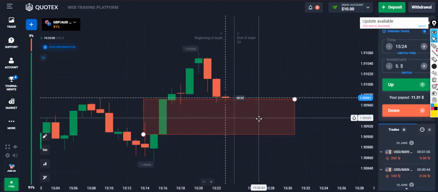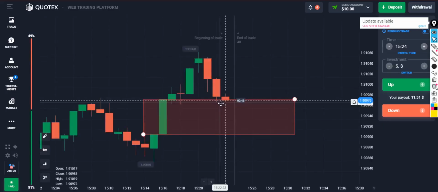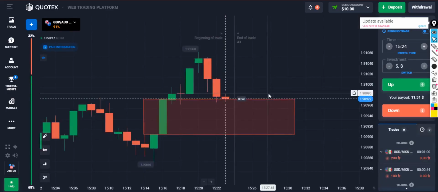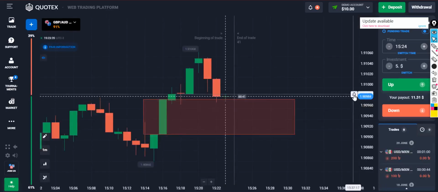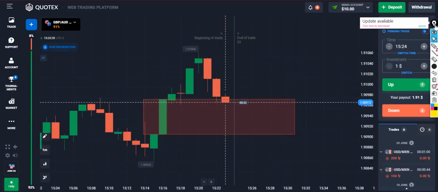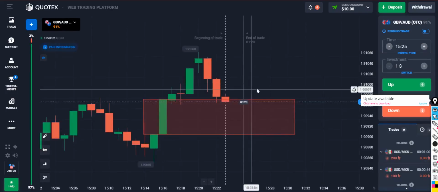As you can see, this candle is trying to sweep the liquidity. So we will wait for a confirmation candle, which needs to be a green candle here. If it is a green candle, then we'll go for up.